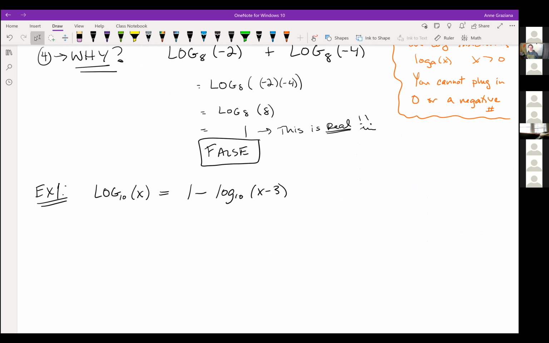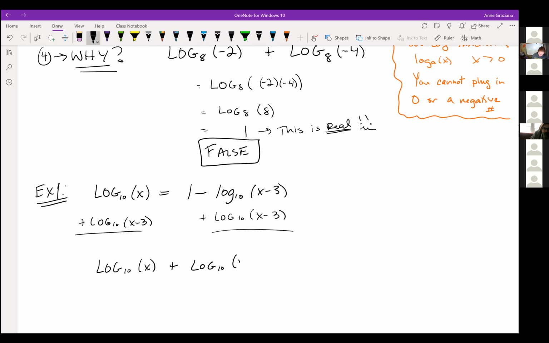So, what is my first step? What must we do first? Bring the logs to one side. Yes, I want all the logs on one side. So the easiest way to do that is we're going to just add this log base 10 of x minus 3 to both sides. So we get log base 10 of x plus log base 10 of x minus 3 is equal to 1.